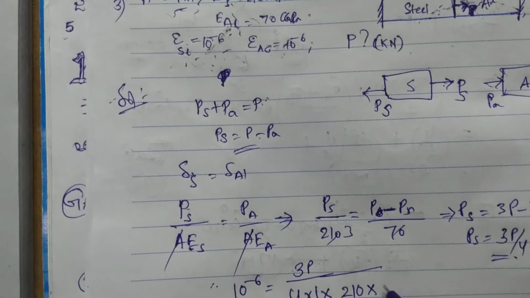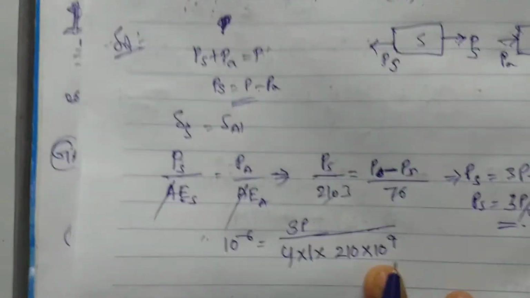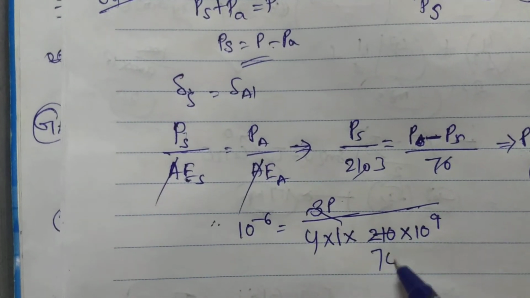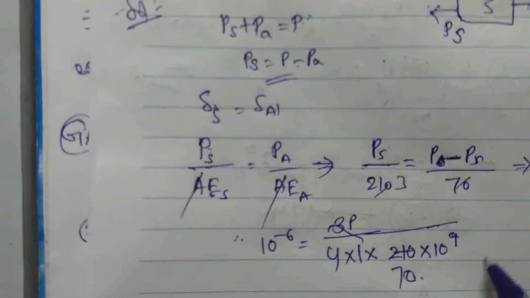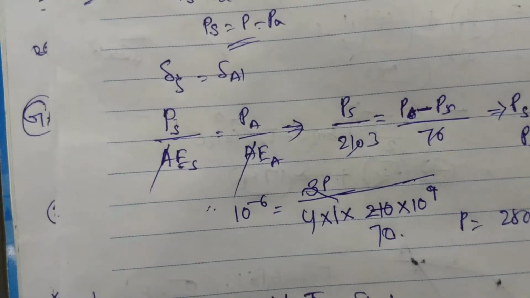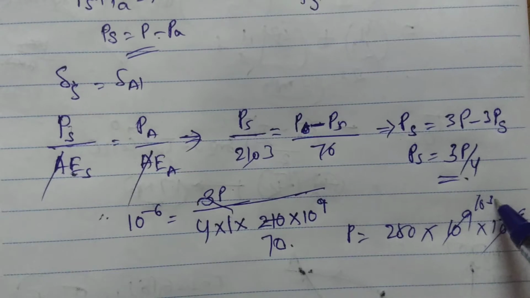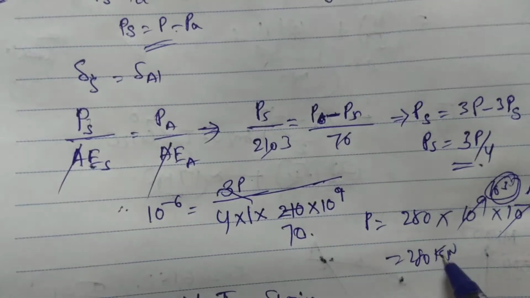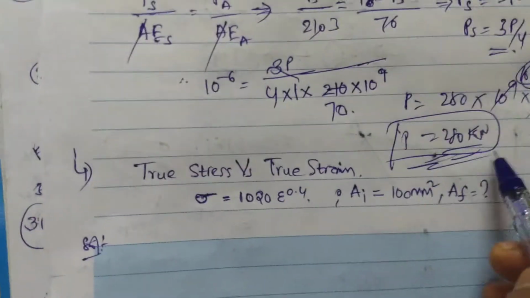If we turn it into pascals, 10 power 9, because we will first see everything in newtons. So P is 280 into 10 power 9 into 10 power minus 6. 10 cube is remaining. So 10 cube corresponds to kilo. So 280 kilonewtons. Okay, we are asked to find in kilonewtons.